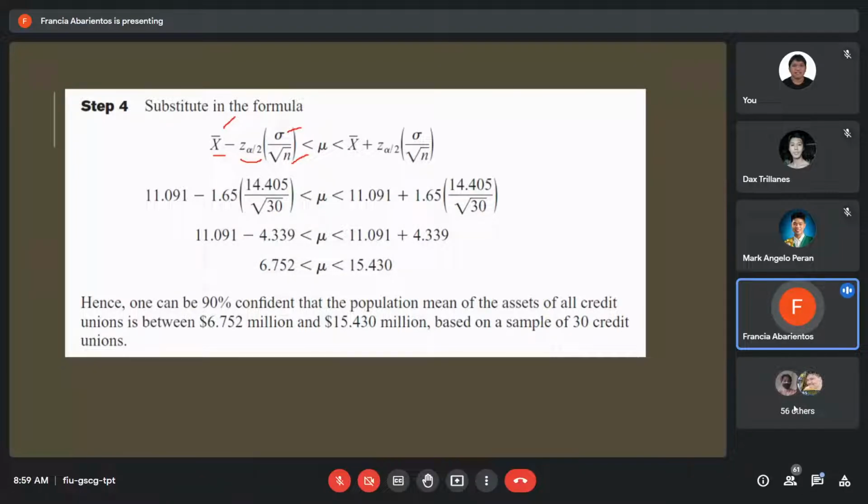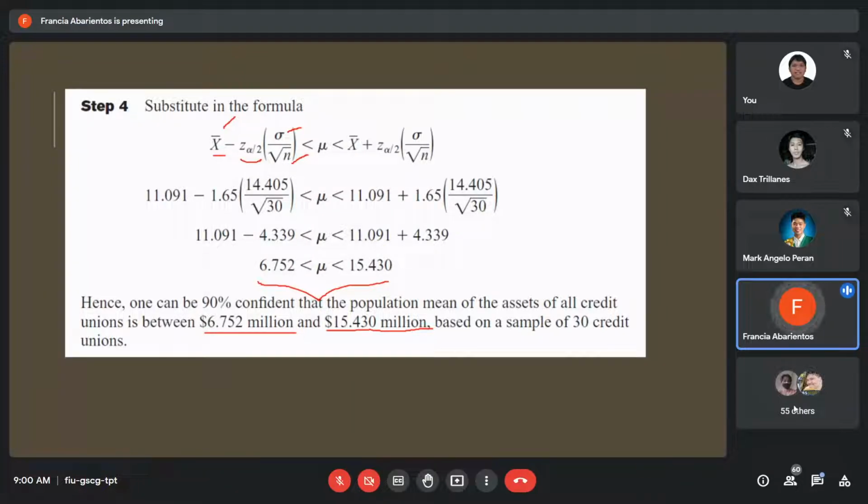So, the interval now class in the given problem. Hence, one can be 90% confident that the population mean of the assets of all credit unions is between 6.752 million US dollars and 15.430 million US dollars, based on the sample of 30 credit unions.